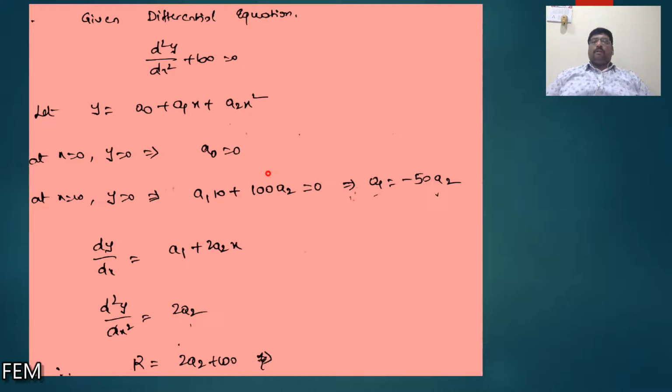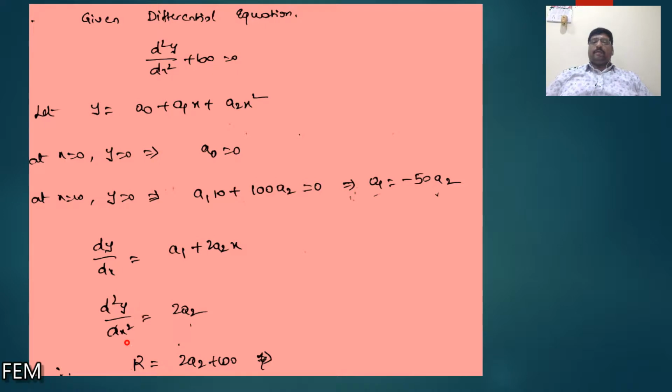Now I have to convert the admissible displacement field, which is taken as the assumption y equal to a0 plus a1x plus a2x square, into terms of d square y by dx square. First I take the differentiation dy by dx, and I get a1 plus 2a2x.